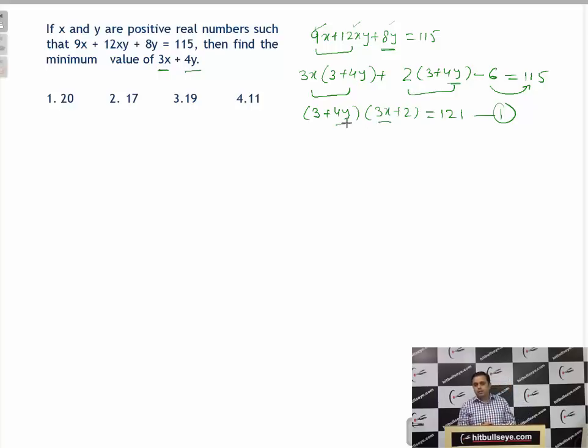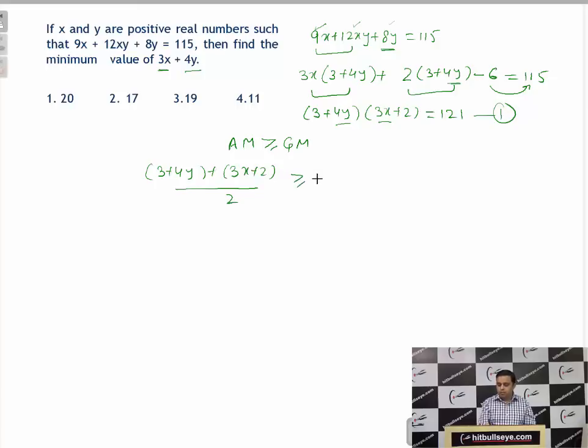So I will apply the rule that arithmetic mean of the numbers is greater than or equal to geometric mean. Now the arithmetic mean, 3 plus 4y plus 3x plus 2 divided by 2, will be greater than or equal to their geometric mean.